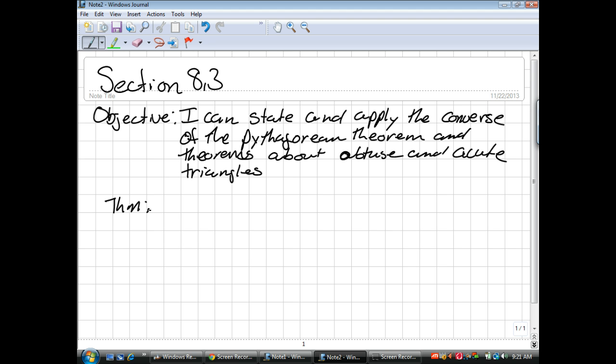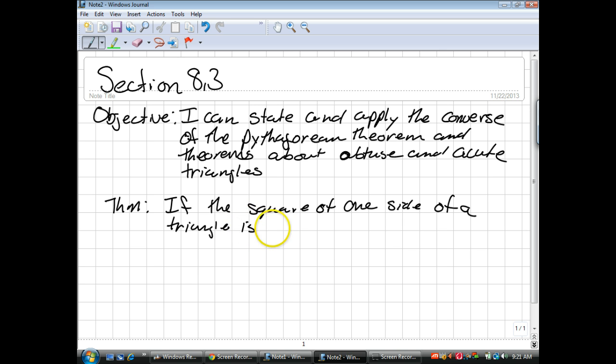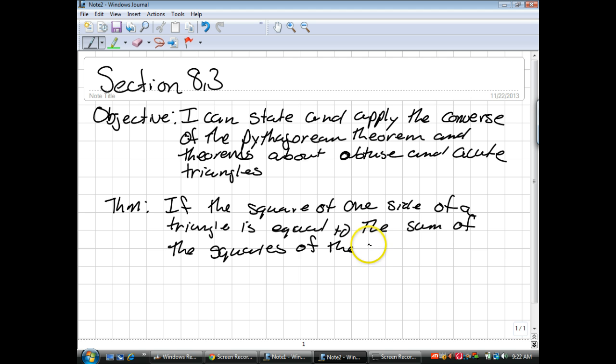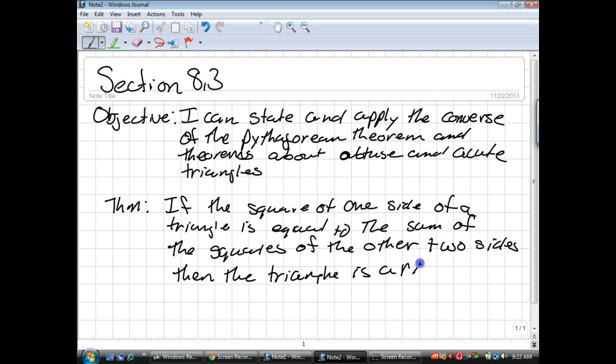And so the converse says if the square of one side of a triangle is equal to the sum of the squares of the other two sides, then the triangle is a right triangle.